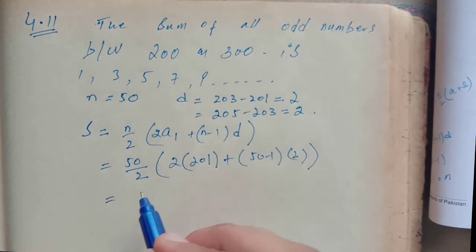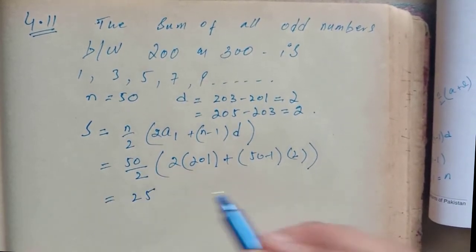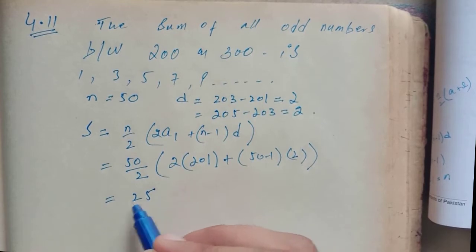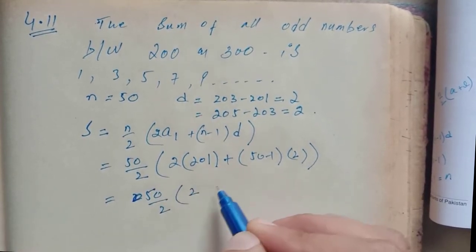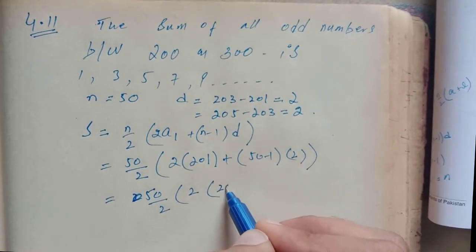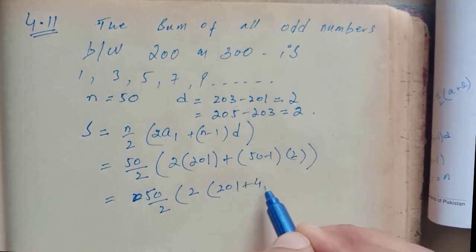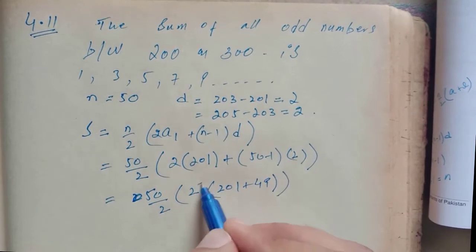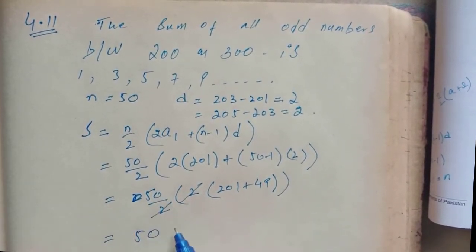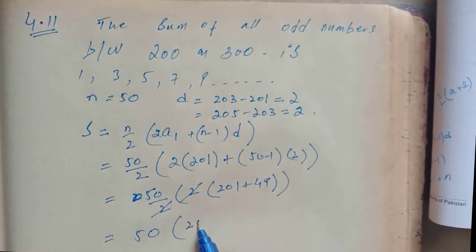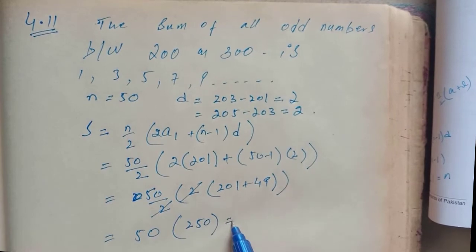Now this equals 25, or 50 divided by 2, taking 2 common from both, (201 plus 49). Now 2 cancels with 2, this equals 50 and 201 plus 49 equals 250.